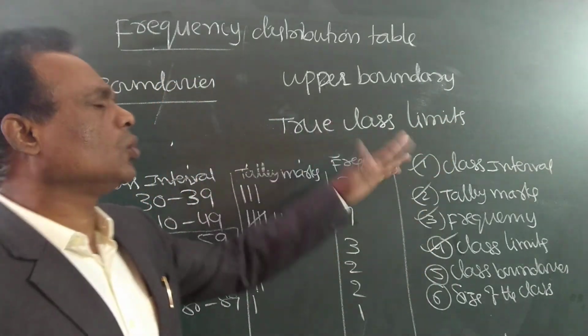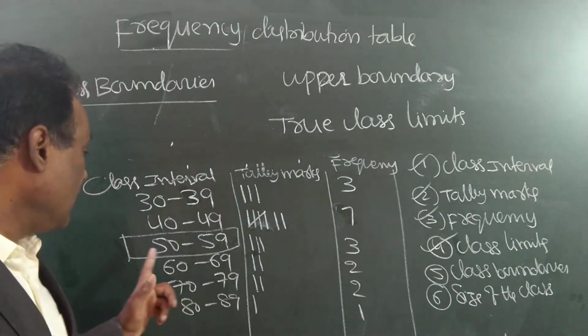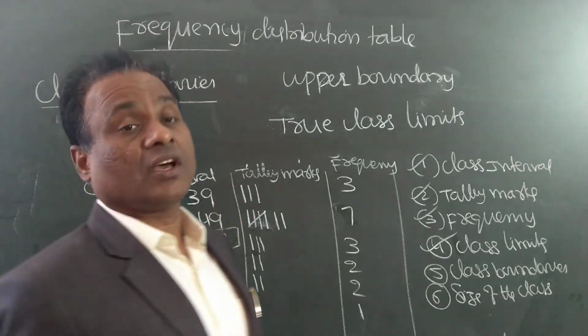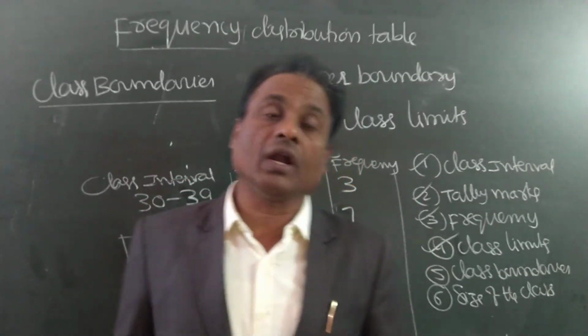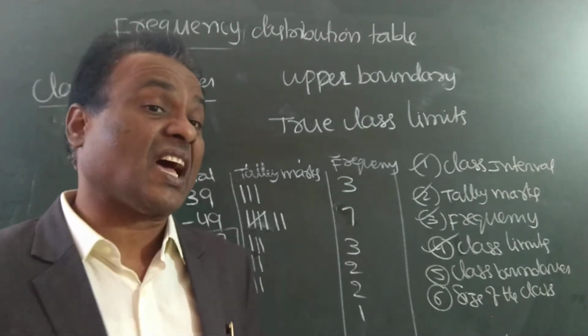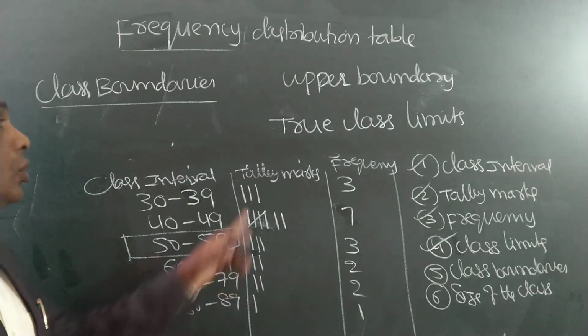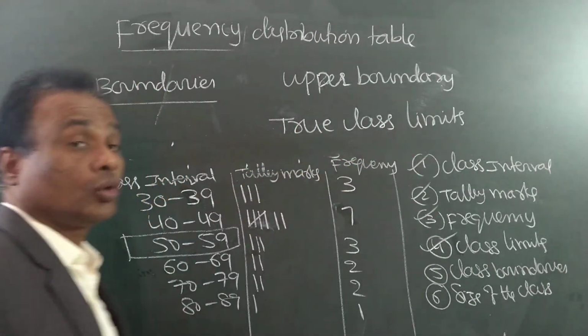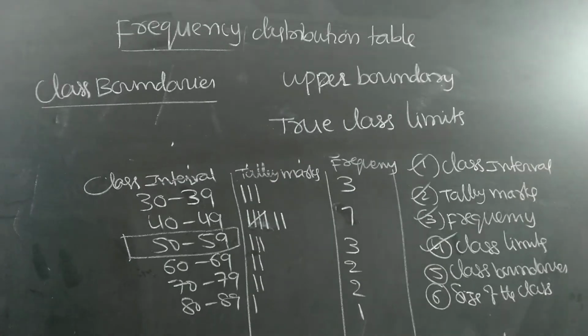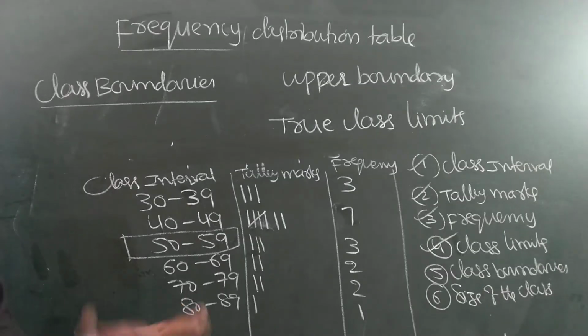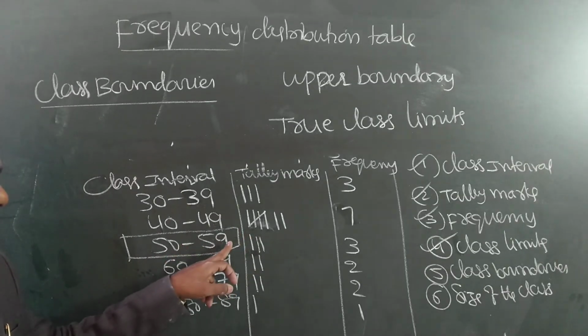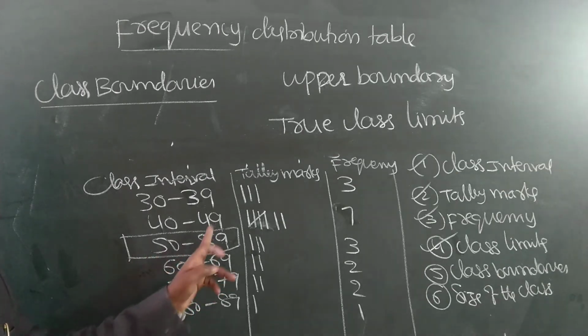Write down: the boundaries of a class are also called true class limits. Example I am not giving. The upper boundary is 59 plus 60 by 2, 59.5.